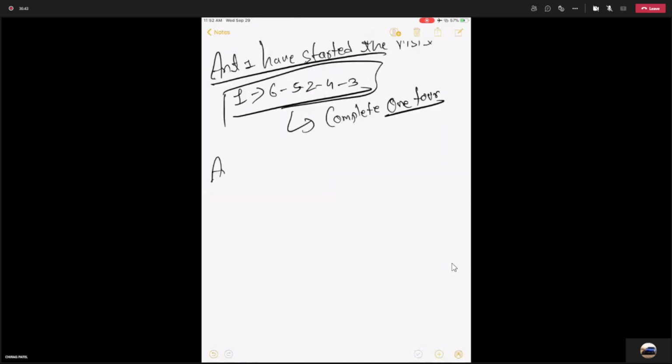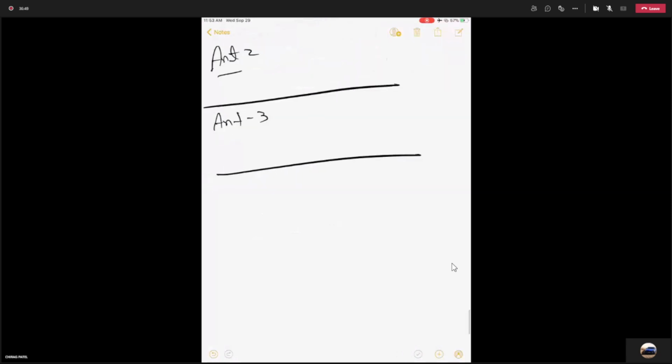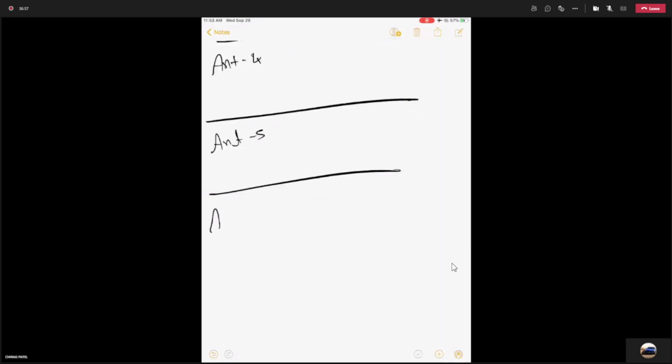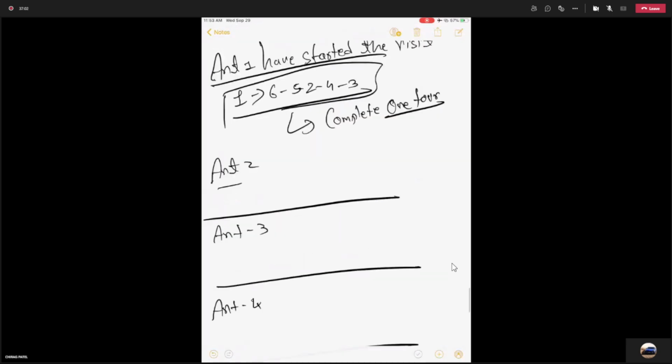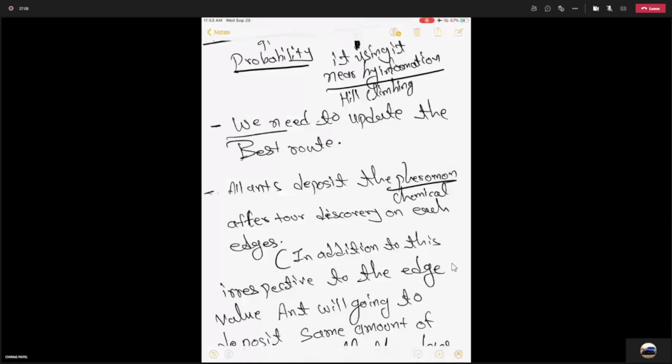Similarly, ant 2 constructs one route. Then ant 3 constructs another route. Then ant 4, one route. Then ant 5 constructed one route. And then ant 6 constructed a route. Once all the ants have constructed their routes, 1, 2, 3, 4, 5, 6 options are there. Then we need to update the best route.